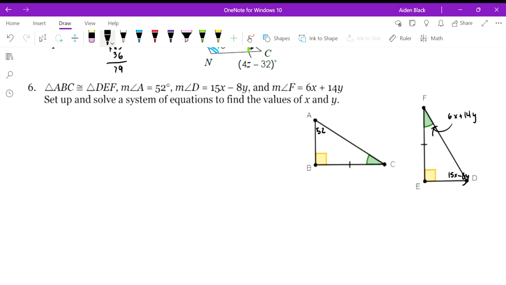Set up and solve a system of equations. Okay, so this is 90 degrees, right? Angle B. Which means these two angles are complementary. They add up to 90. So if this one's 52, this one needs to be 38. So angle C is 38. I'll just write 38 right here.